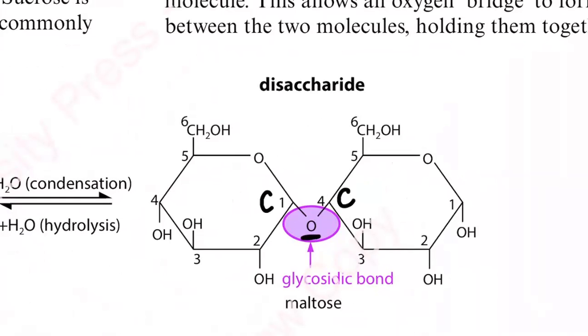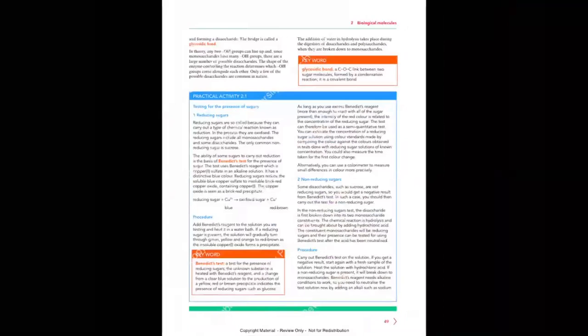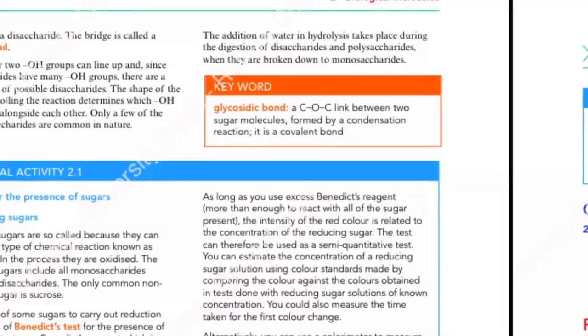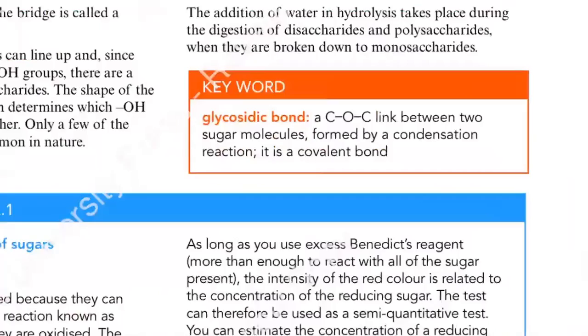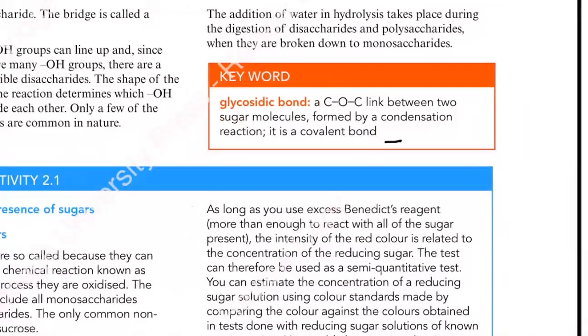Yes, ma'am. Right? So इसका मतलब क्या हुआ कि we can make a list of symbols actually. For example, if I want to show a glycosidic bond, I will show with this symbol CO and C. And if I want to show an ester bond, I will show like this. Why? Because there was a question that I had to ask both of you, लेकिन मैंने उसका पूछा नहीं था.